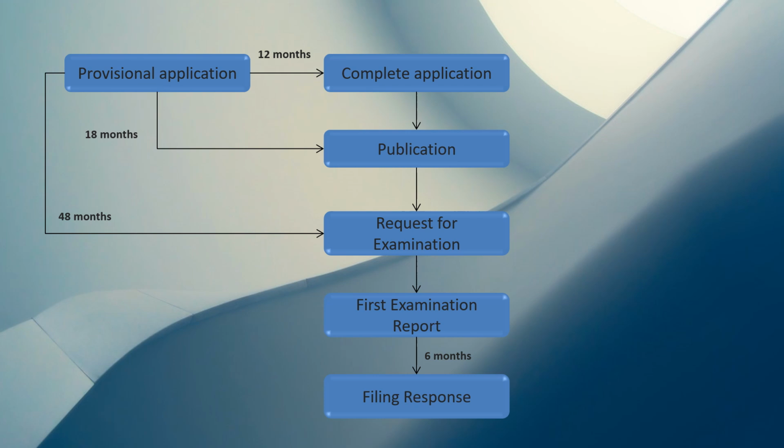Now if I have filed an application, once I have filed the request for examination, the examiner will pick my application and conduct a search, and he will find some references which according to the examiner are similar to my invention.